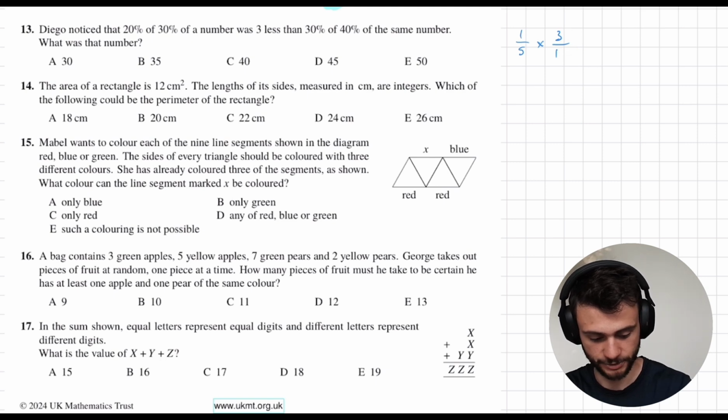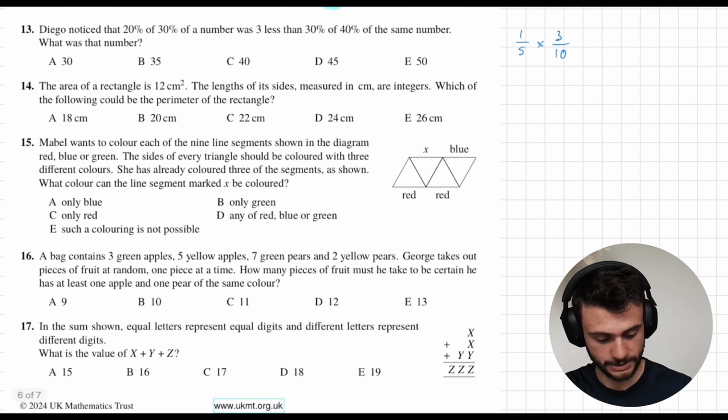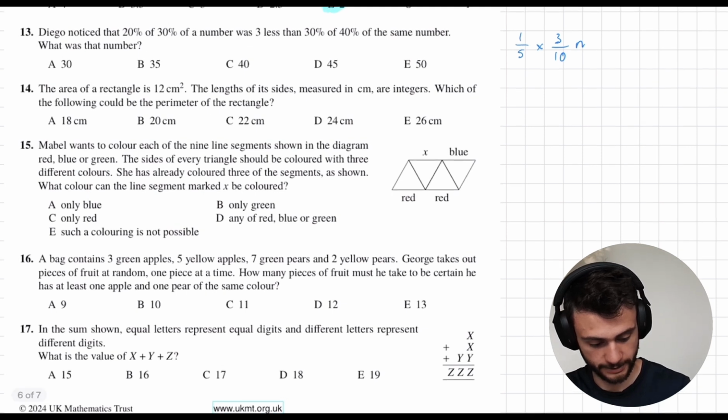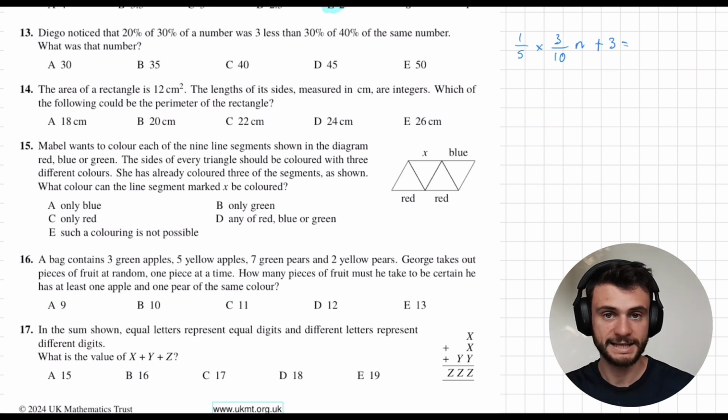I might use a different letter just because it looks like a times sign. 1/5 times 3/10 of n is 3 less than, so let's just add 3 here. So it's 3 less than, but we add 3 to make it equal to the other part.